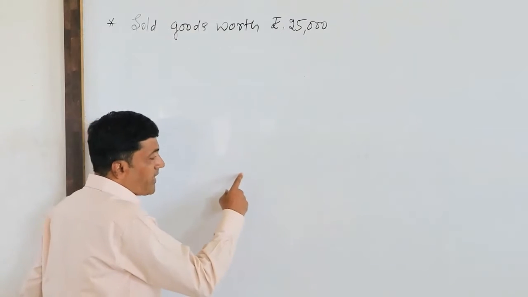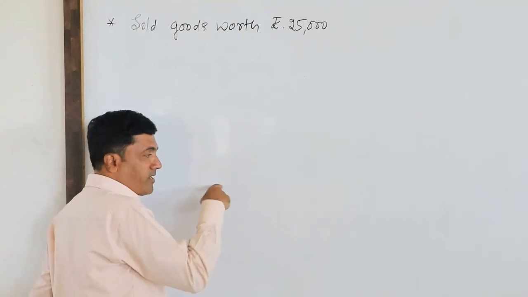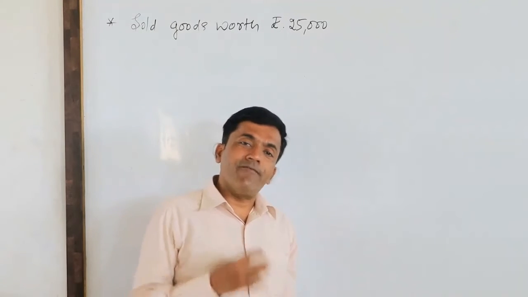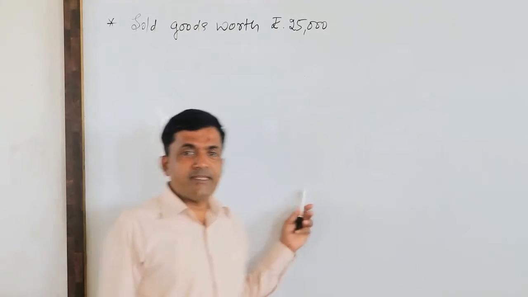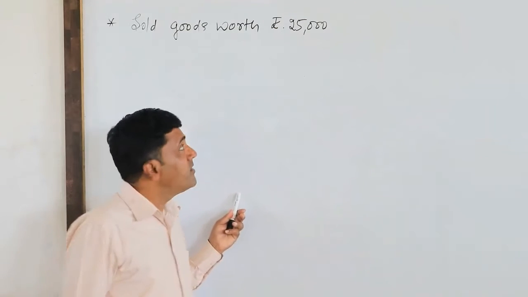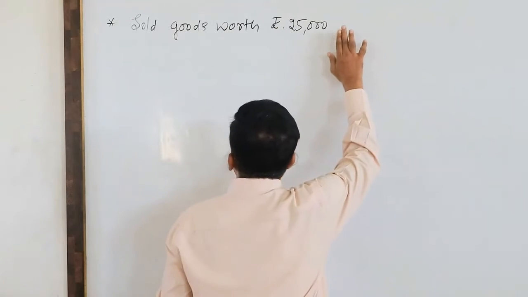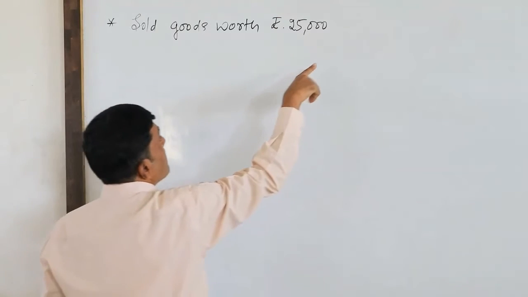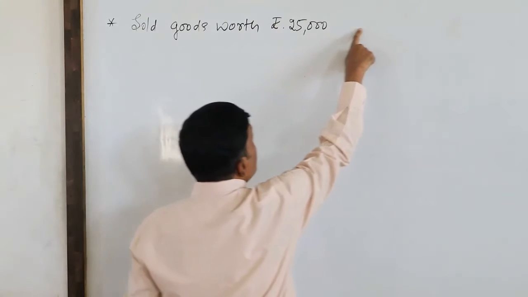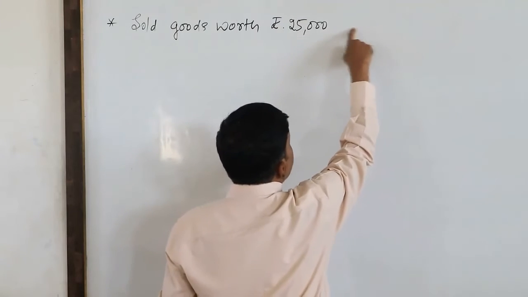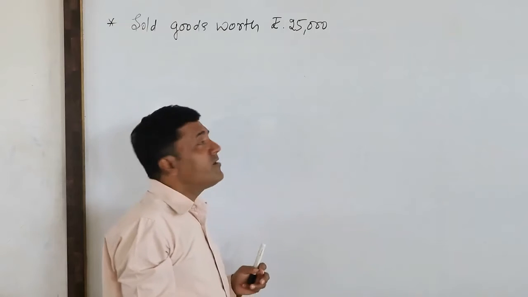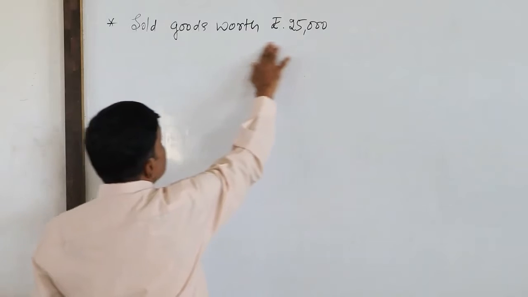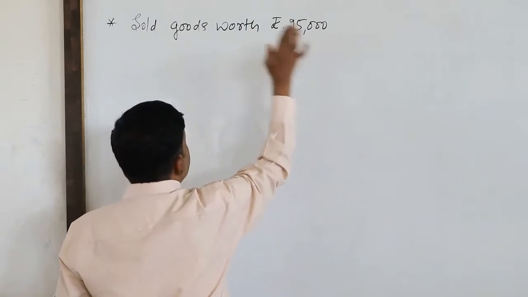When you write the purchaser's name in your diary or book, if he has paid everything, there is no need to write his name in our book. In this sentence, the main assumption is that we have not mentioned the purchaser's name, which means he has paid everything. What is the reason to write his name? That is the reason this sentence belongs to cash sales.